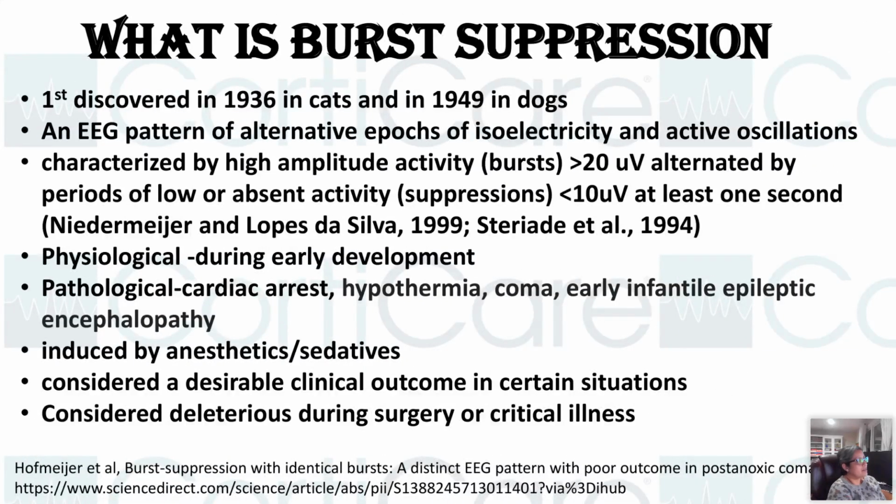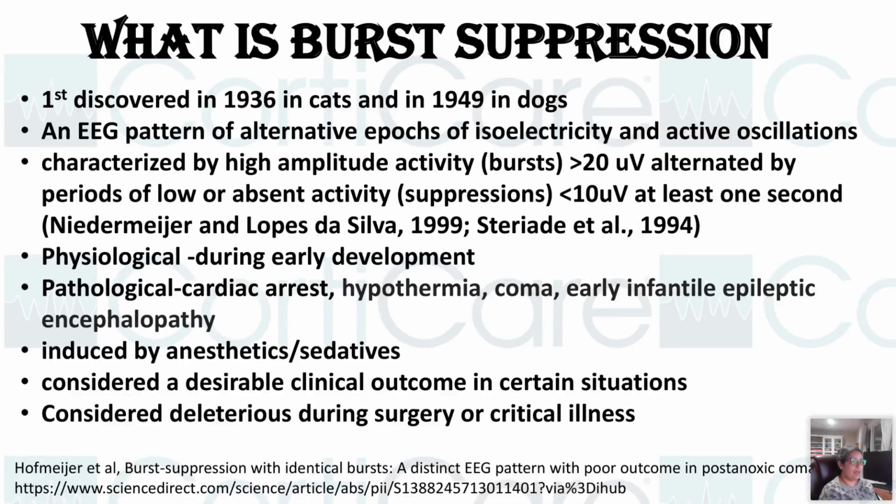Okay, so in anesthetized cats in 1936 and in 1949 in dogs, that's where this pattern was seen many years ago. If we want to put words to how it looks, it is alternating epochs of isoelectricity and active oscillations.